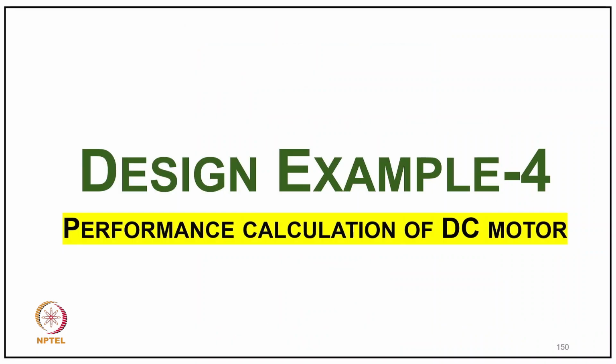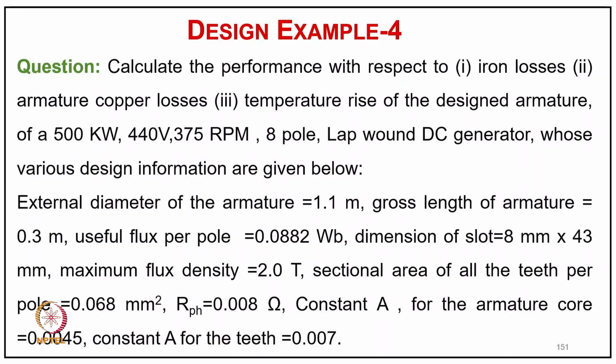Now coming to design example 4, a performance calculation of a DC motor. The question is: calculate the performance with respect to iron losses, armature copper losses and temperature rise in the designed armature of a 500 kilowatt, 375 rpm, 8-pole lap wound DC generator, whose design information is given here.